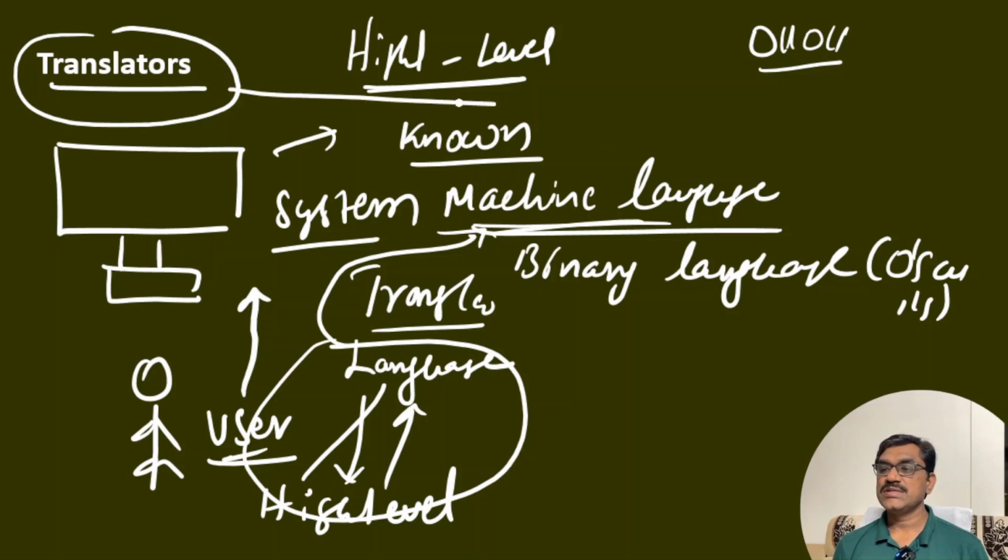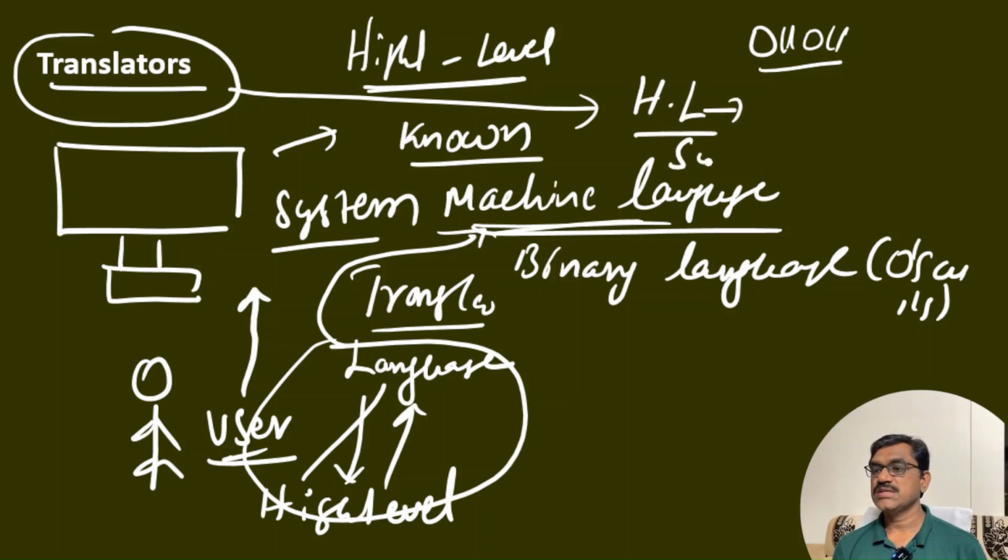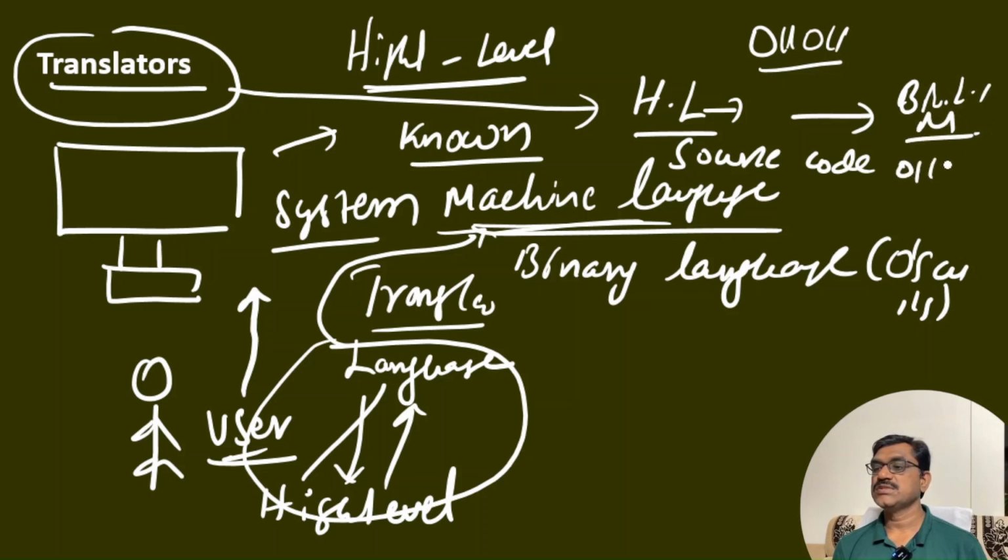Now, translators are nothing but software components. Very, very important. Translators are software components which are going to convert high-level language code, or simply the source code, into the binary language code, or machine language code, that is, zeros and ones.